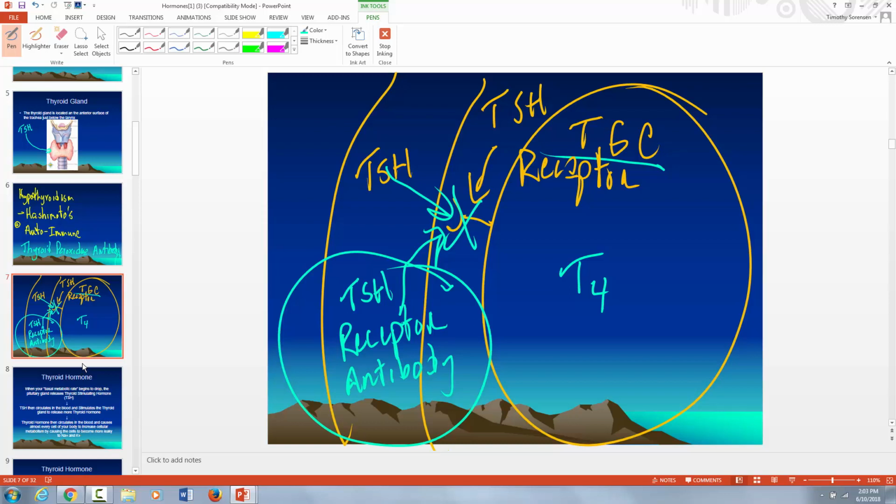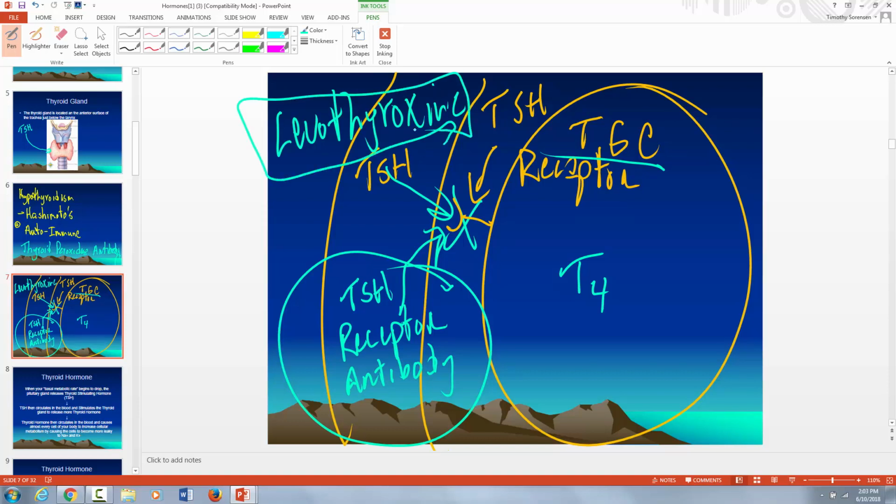So the only thing that they can do then is take T4. T4 is called levothyroxine. And that's what they take. So how do they treat the hypothyroidism?